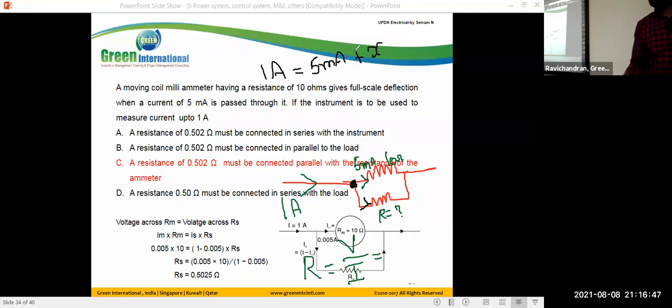So this is Kirchhoff's current law. What is the value? X is equal to 1 minus 5 into 10 to the power of minus 3.